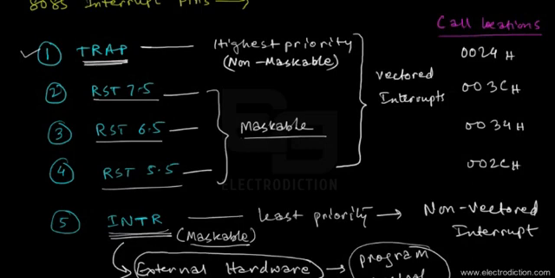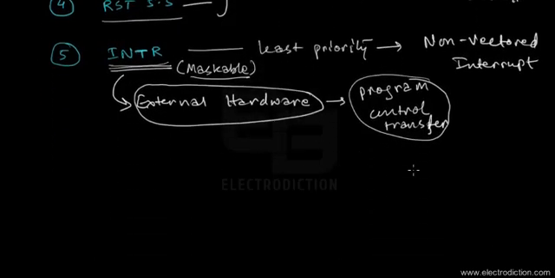Now how do we do that? Well, we have two instructions. One is known as EI, meaning enable interrupt.